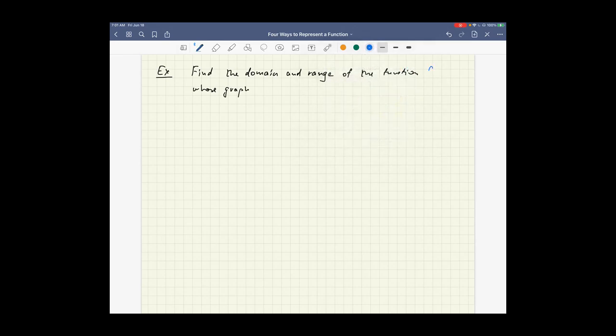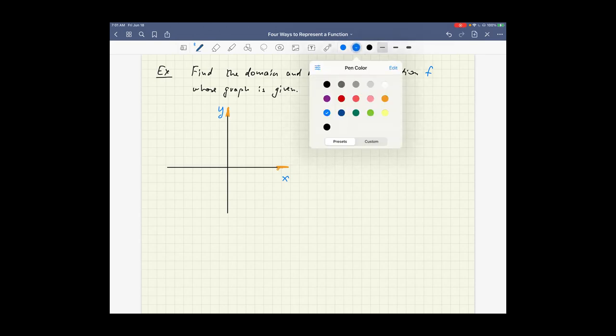Let's say the function is f. And the graph is like this.